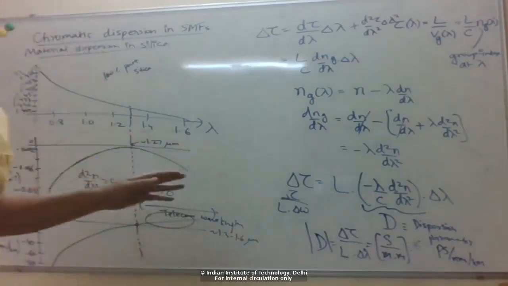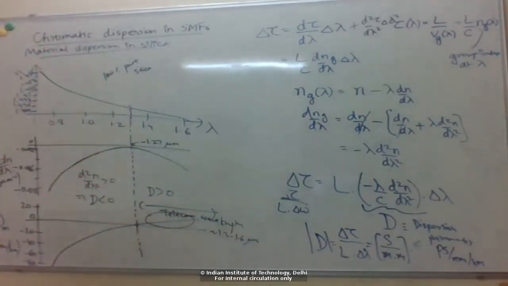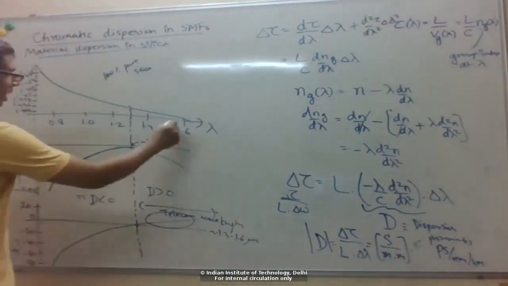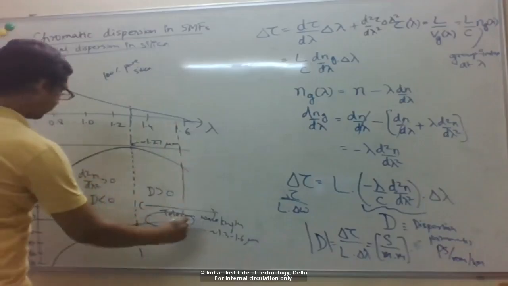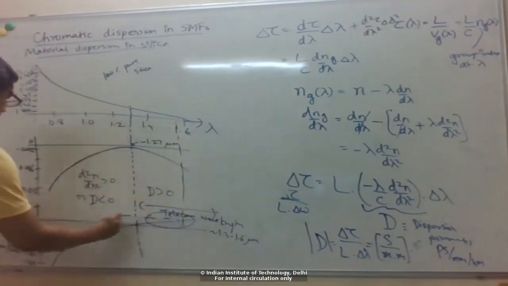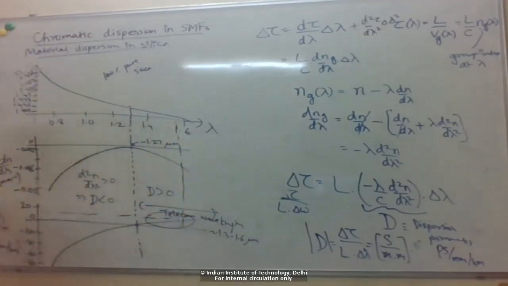because that's where the loss is minimum, as we had discussed in the first few classes. At 1.55 micron, you can see that the dispersion is about 15 to 20 picosecond per nanometer per kilometer in a bare silica fiber.